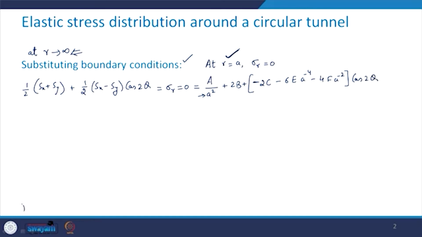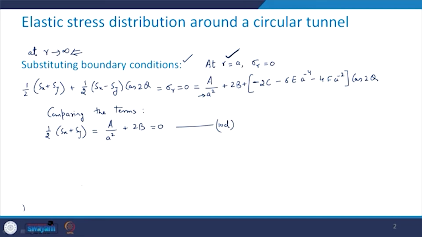As in the previous class, let us compare the terms on both sides of the equation. We get half Sx plus Sy equal to A upon small a square plus 2b, and this is equal to 0. I write this equation as equation 10d.